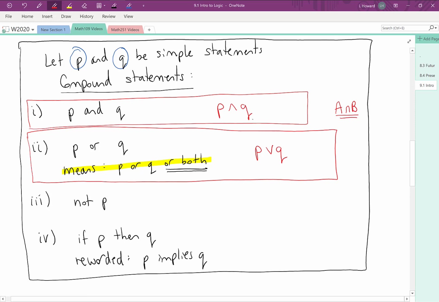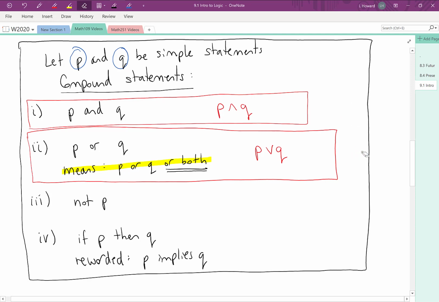Whereas for the OR, when we were talking about sets, we wrote a union like this, A union B. And when we talk about logic, it's actually more like a V symbol here as opposed to a U. But the idea is that the symbol is opening upwards in the case of the OR, and it's opening downwards in the case of the AND. So that parallel might help you with learning the symbols.